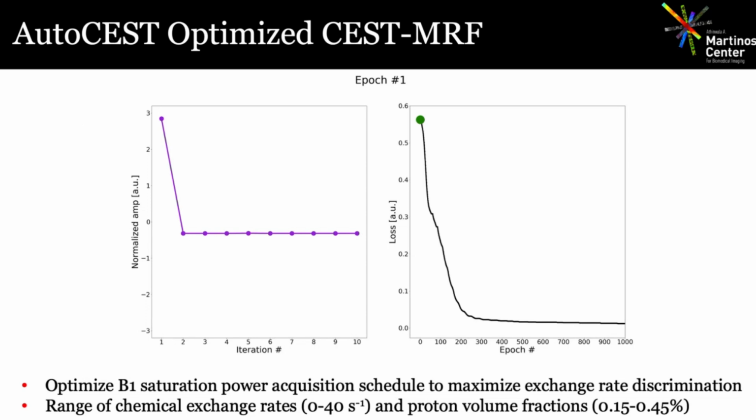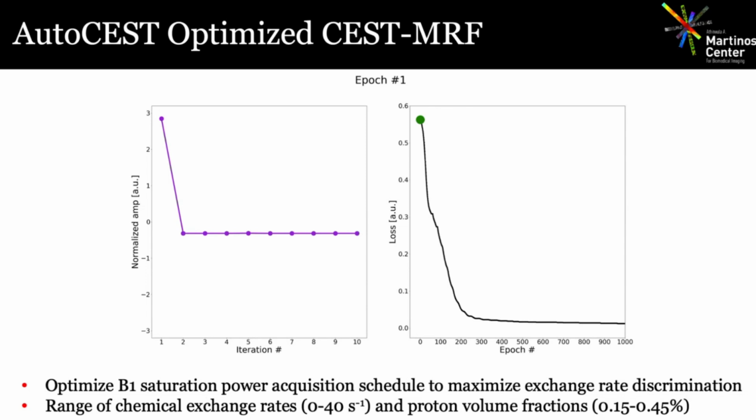Here, just to show a very simple example, we have a range of chemical exchange rates. Endogenously, the amide protons are around 30 per second, and a range of volume fractions. We start out and we want to simulate different signal trajectories for these different combinations of parameters, and we want to make them as distinct as possible.